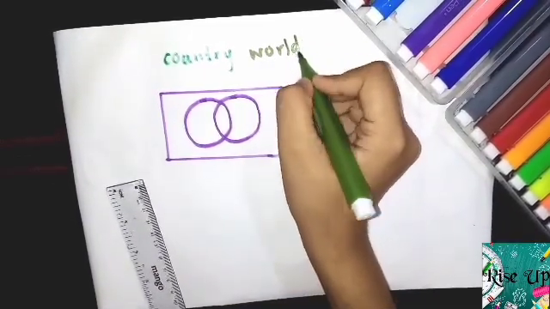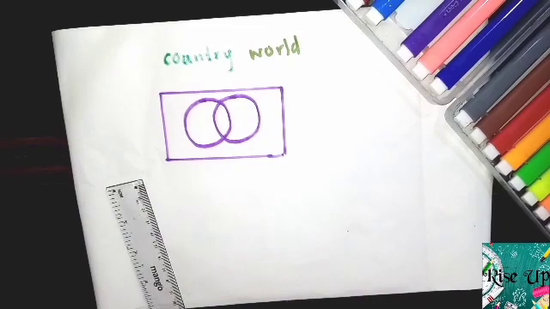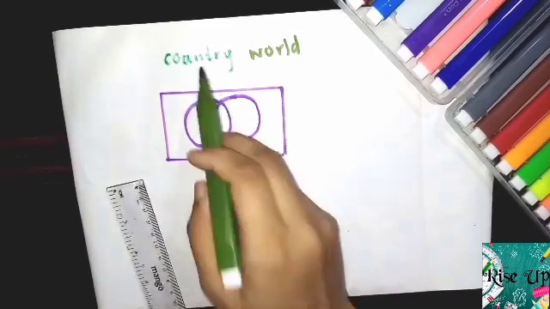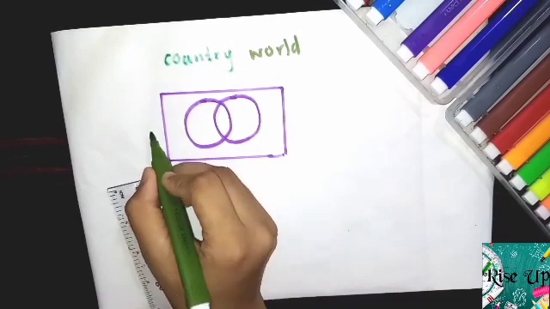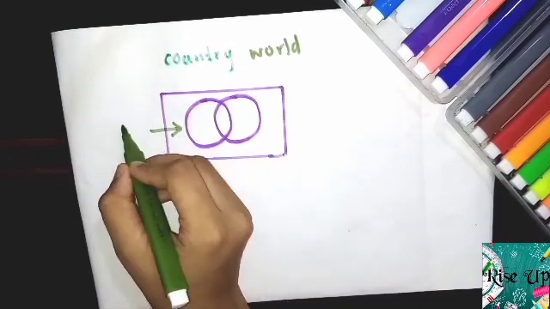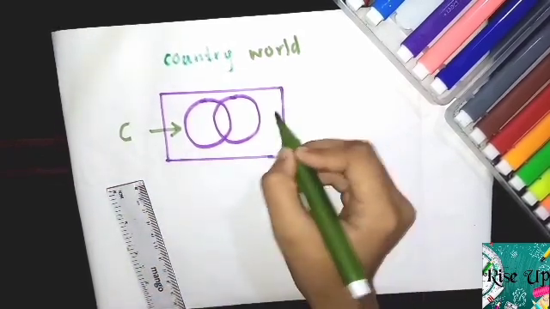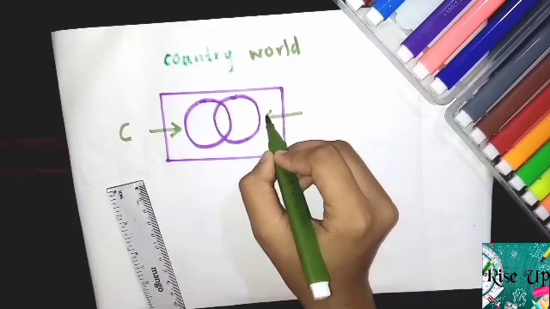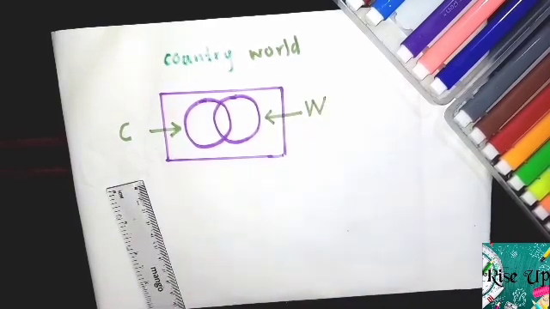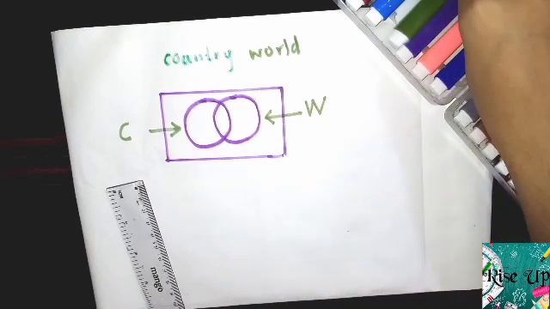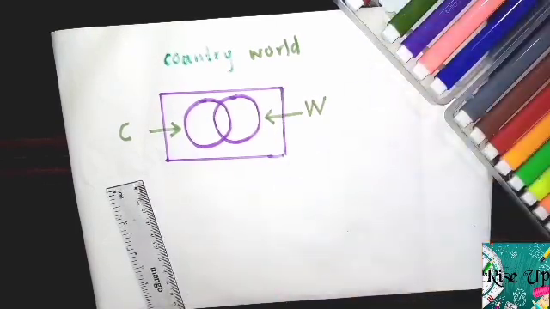Country and world. Now we are going to classify the letters in the words country and world. I'll take this as the letters in the word country, and here I will take the letters in the word world. This is very easy, just like the previous example.